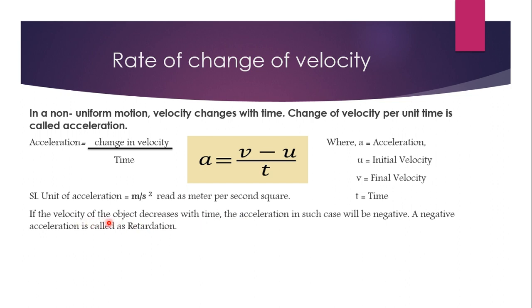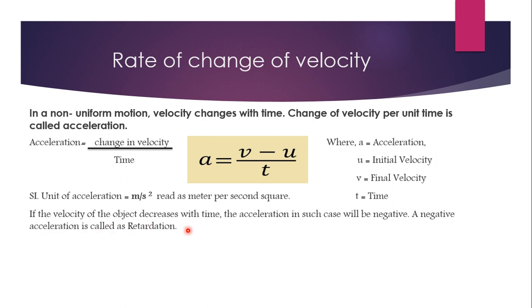So if the velocity of the object decreases with time, the acceleration in such case will be negative. A negative acceleration is called retardation. Let's say an object was moving with a velocity of 20 meter per second, and now it has decreased its velocity, and now it's moving with a velocity of 15 meter per second.